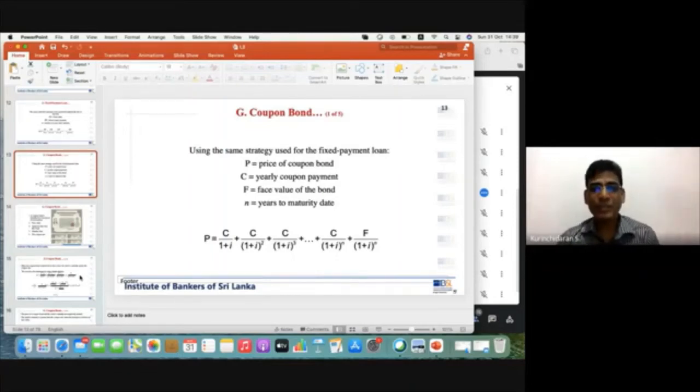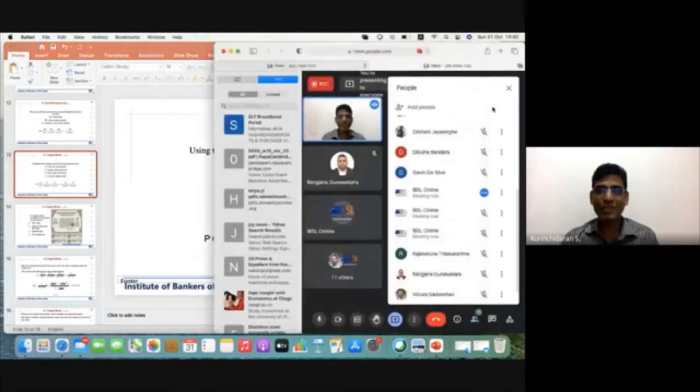You can buy it, so your bank can buy it, and they can use it for so many purposes. But what is the major one? Why are banks investing in treasury bills and bonds?